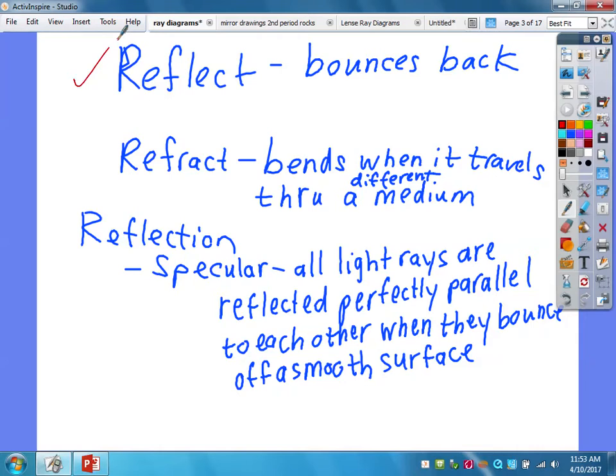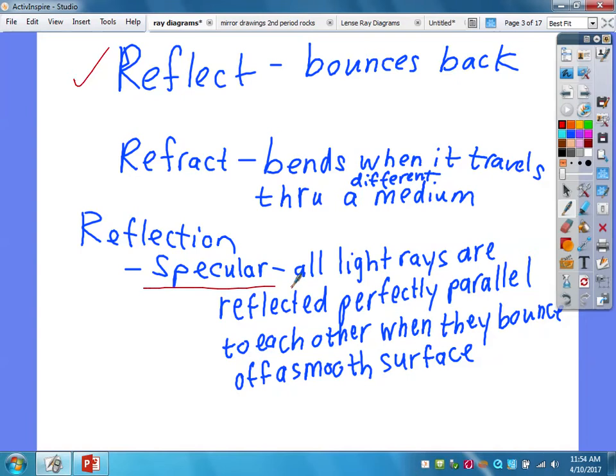So for reflection, there are actually two types of reflection, and this is something that you see all the time. The first type is called specular reflection. What happens there, and I have a drawing on the next page, is the light rays all reflect perfectly parallel to each other when the light bounces off.